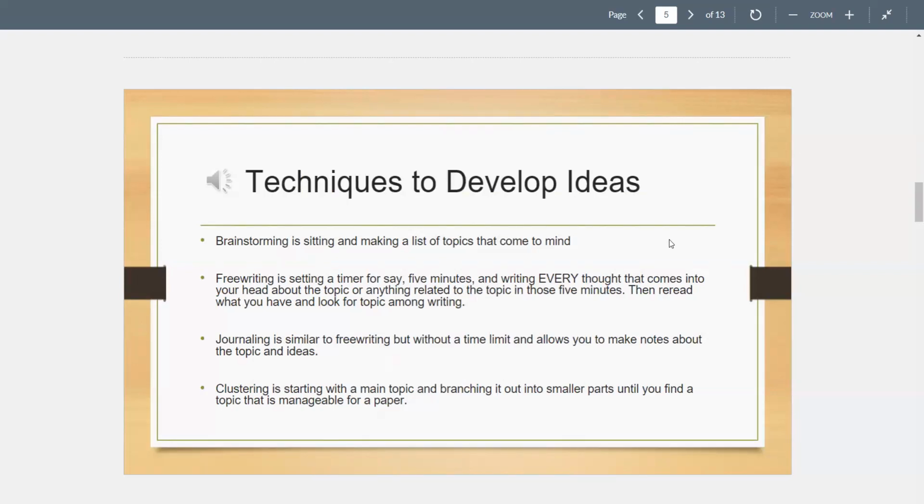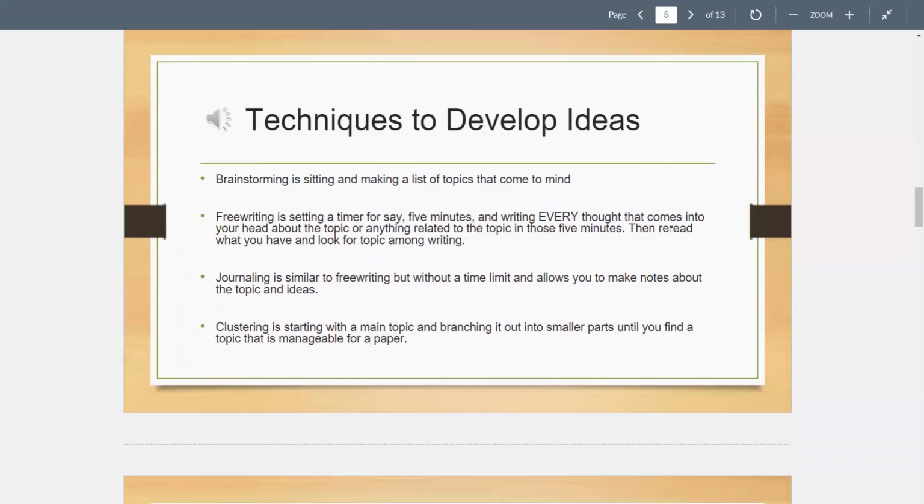If we don't have a topic, where are we going to get started? Such as our research paper is going to be open choice. So you want to start now thinking about, well, what are possible topics that I could write about, and then you can start to think about narrowing them.